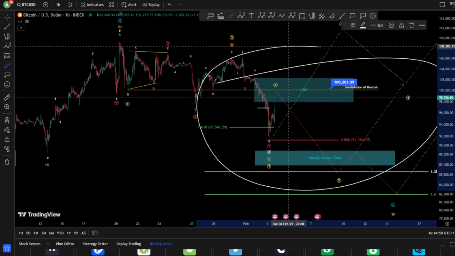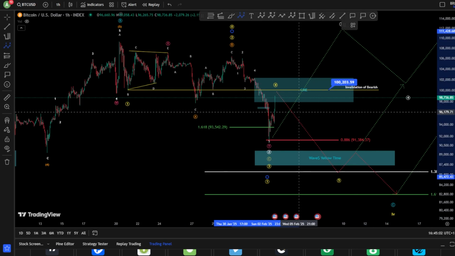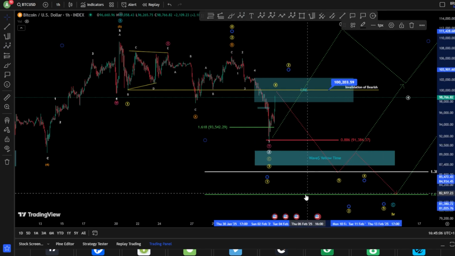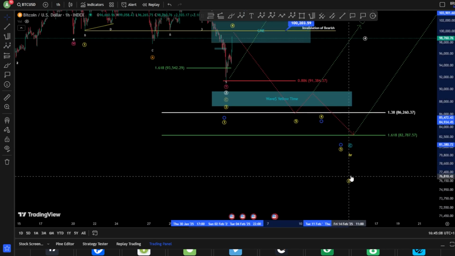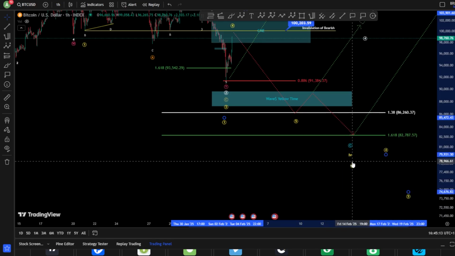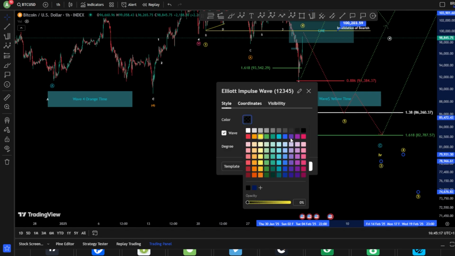Very, very risky, to be honest. I don't see it clearly. Let me just wait and see for the price action. I don't want to rush my predictions. Let's see if this, let's put it in magenta. Here we go.